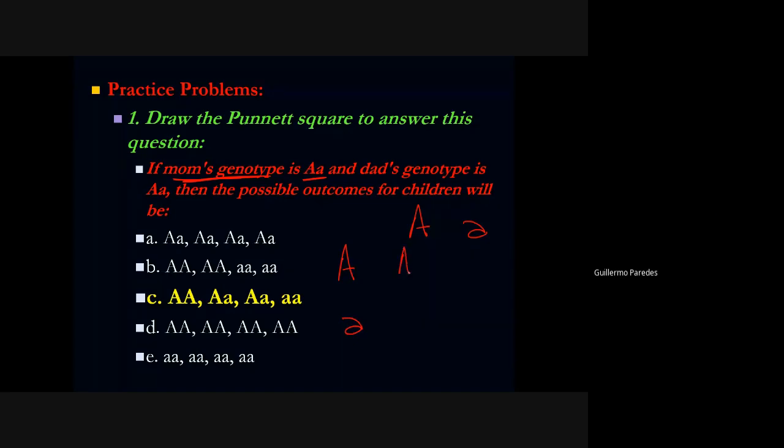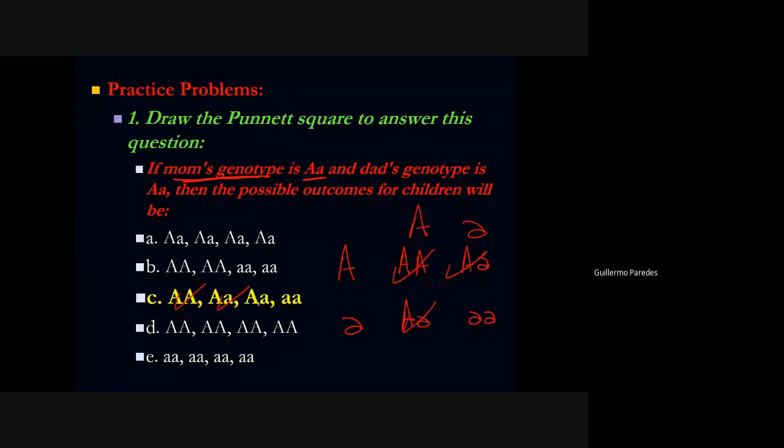Write down first the capital letter, E. There's no capital letter on mom's side, so it's E and lowercase e. So you have Ee, capital, lower, capital, lower, for all the children. Okay?